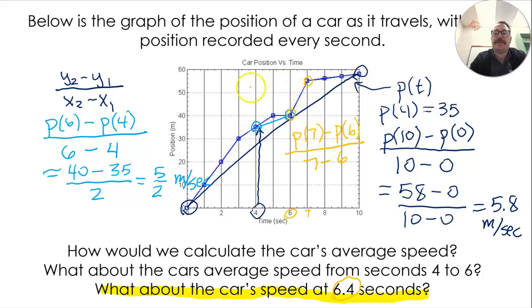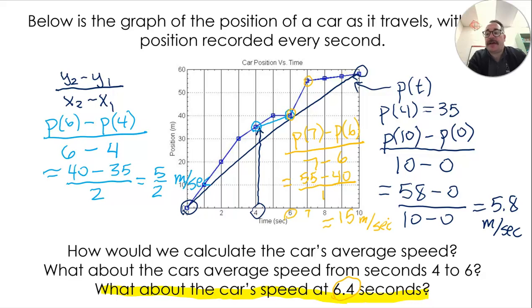So at 7, looks like we're at 55. And then at 6, we're at 40. So our average rate of speed at 6.4 seconds, we could estimate as 15 meters per second.